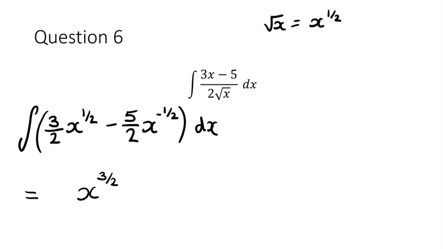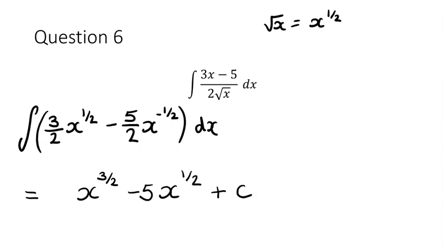The second term, if I raise the power by 1, minus a half will become positive a half. And if I do minus 5 over 2 divided by a half, or minus 5 over 2 times by 2, that's just going to leave me with minus 5. And then just have the plus c there at the end.